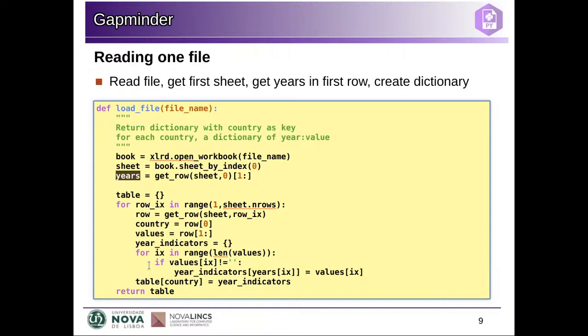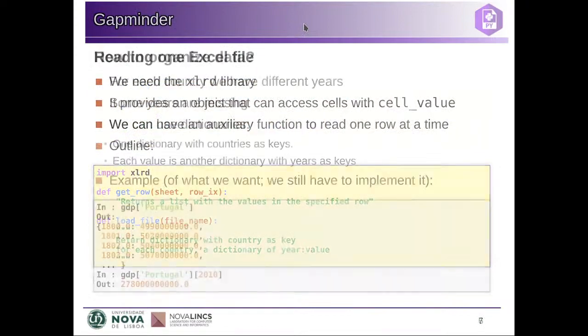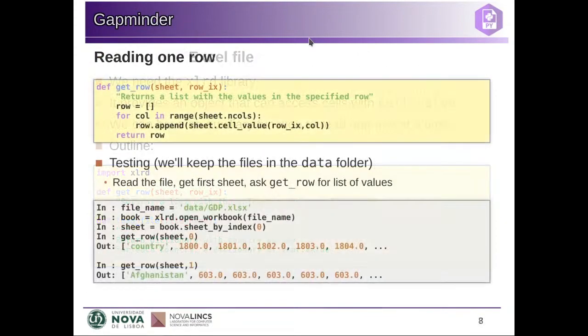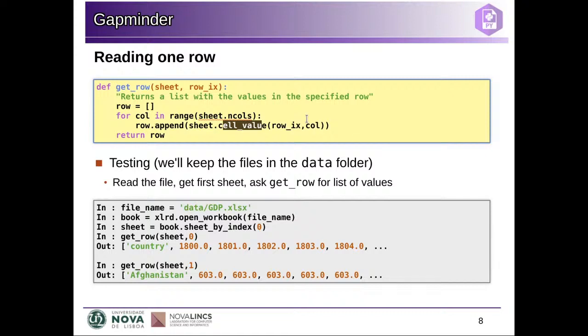So what we do now is, for each of the values that we have here, we iterate through the indexes of this list, starting at 0 and going all the way to the end. We check if the value is not an empty string, because when the cell does not have data, this cell value function returns an empty string.